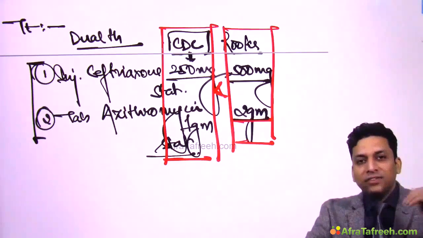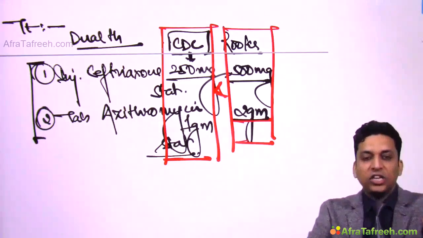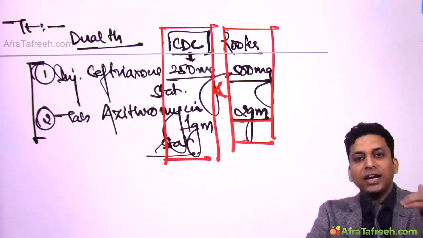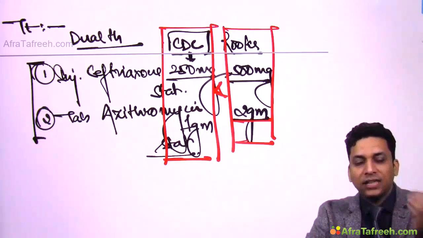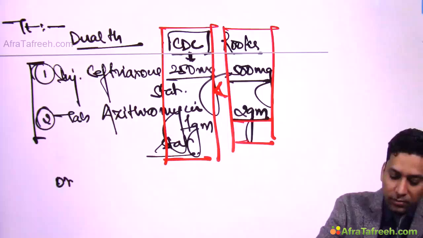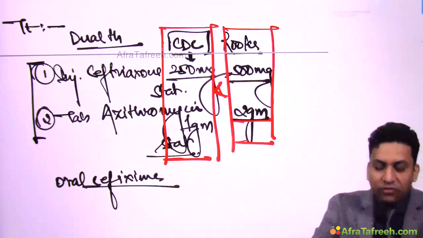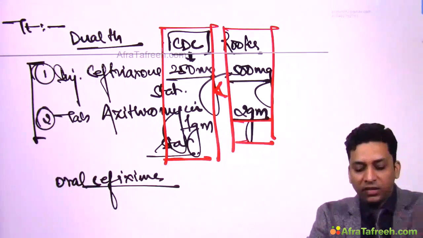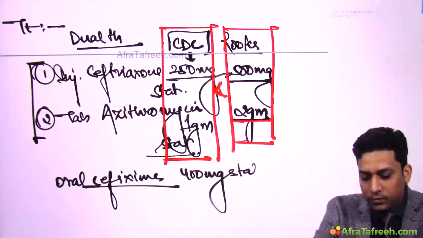Now as you can see, there is one injectable drug here, and if the patient is not willing for taking injection, or the question asks which is the oral treatment for this condition, the oral substitute for ceftriaxone is oral cefixime. So this is not the first choice, but if ceftriaxone cannot be given, then cefixime can be used, 400 mg stat. This is an oral drug.